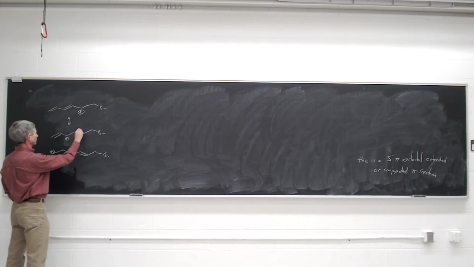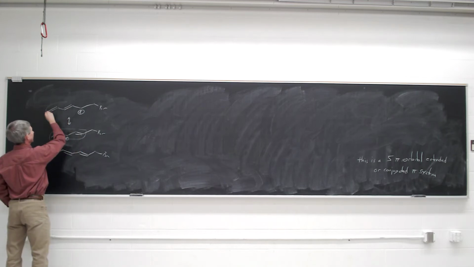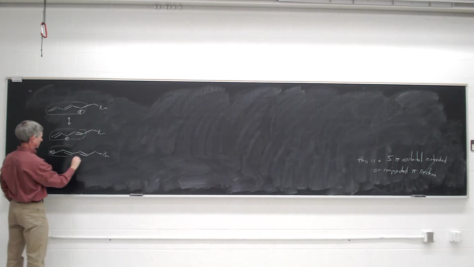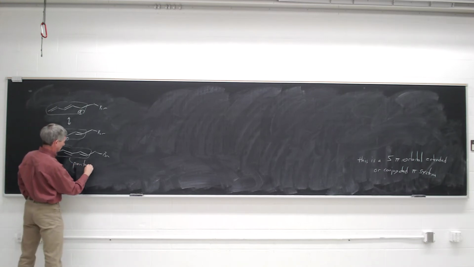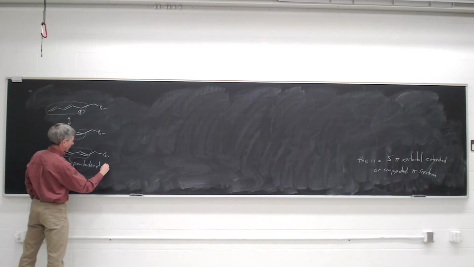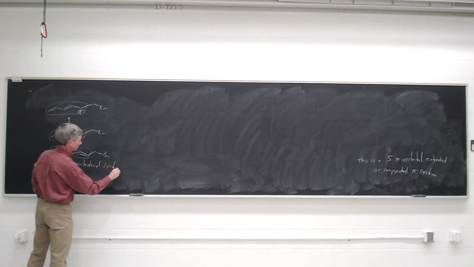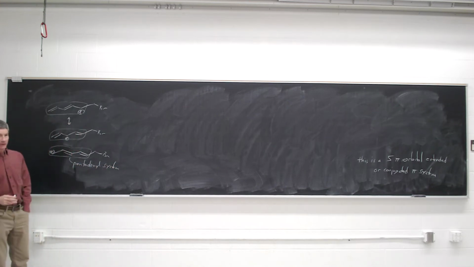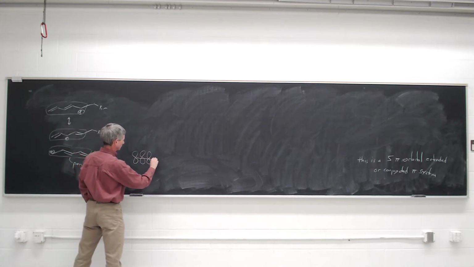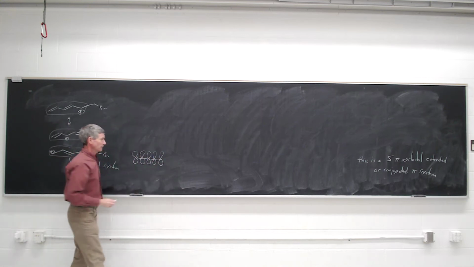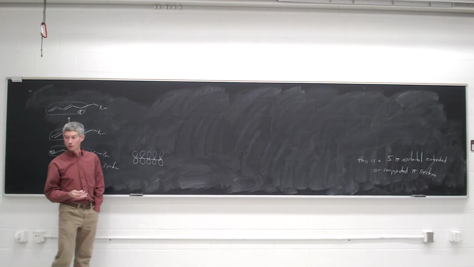It would be identical if we were just looking at the pentadienyl system. Since it's an odd number, we know that there will be nodes that go through nuclei.